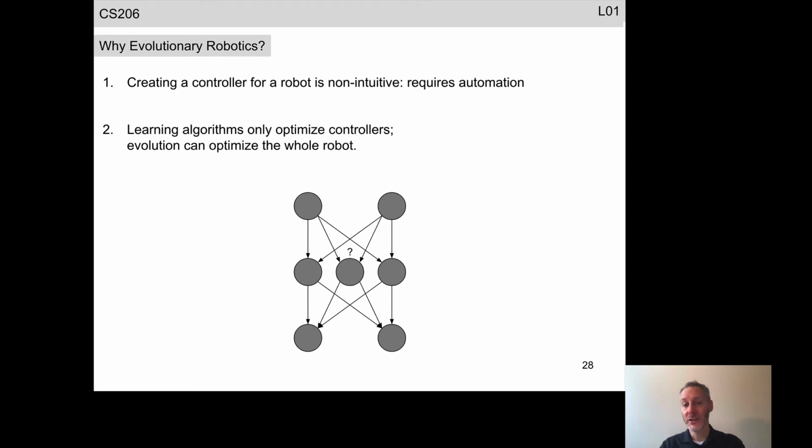In the last few years, there's been an increasing focus on what's become known as the architecture search problem, which is, we're going to now expand our machine learning algorithm to not just tune the strength of connections between nodes, but allow it to add and remove nodes and add and remove synapses as well, and search for the best architecture in which tuning the connections between nodes in that architecture causes the neural network to do something that's useful.